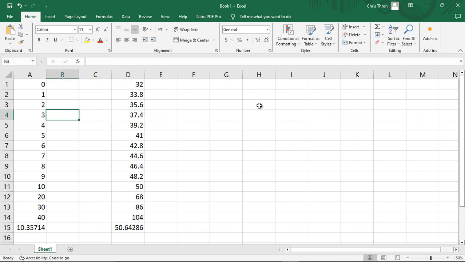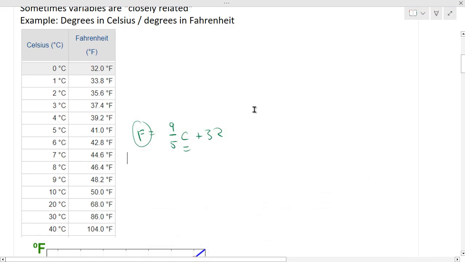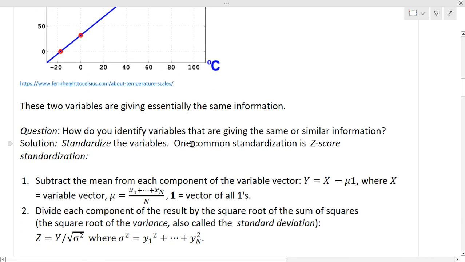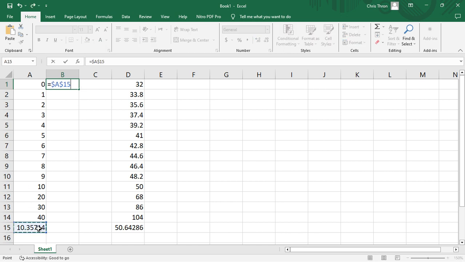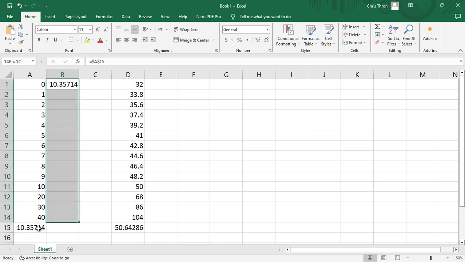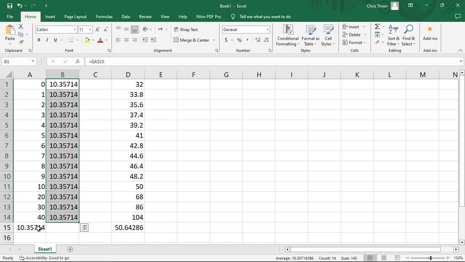Okay, so the second step, according to this, is I need to subtract the mean from each element of the vector. Okay, so I'll go here, and here I'll just copy the mean, this value, and I have to use a fixed reference, so I'll have to do it like that. Okay. I'll just take this vector here, and I'll subtract that.